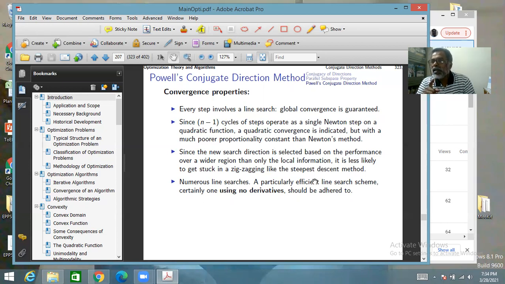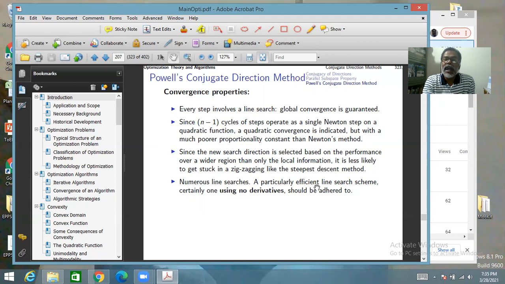Conjugate direction method uses the history of previous developments and progresses based on which it typically develops a good direction.